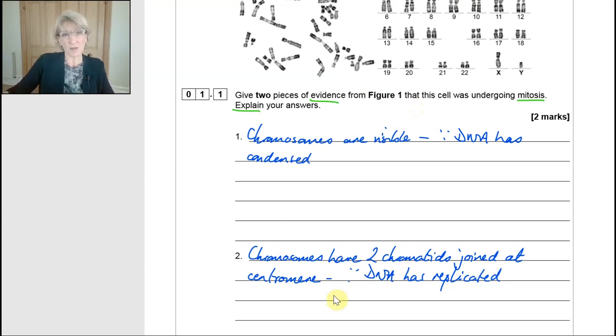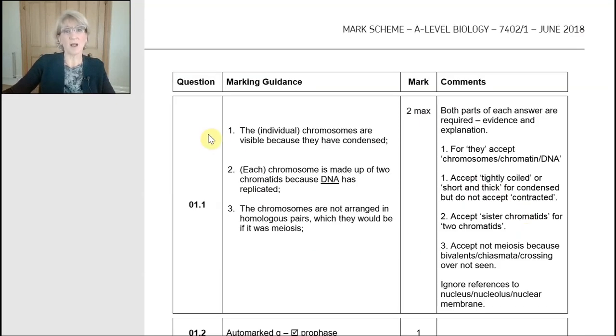So the other answer that I put was that the chromosomes have two chromatids joined at a centromere. I added this bit just to make sure I was getting my terminology in, and that is because DNA has replicated. Looking at the mark scheme, I got mark point 1 and I got mark point 2.